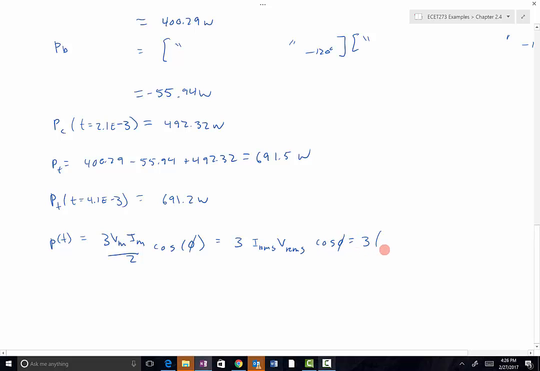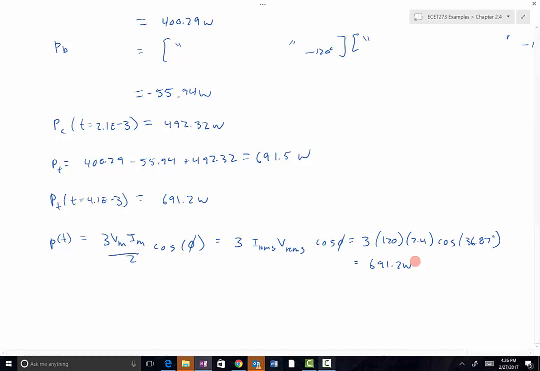So that's 3 times, let's see, 120 volts times 2.4 amps times the cosine of 0 minus negative 36.87, so that's just 36.87 degrees, and we get an instantaneous power delivery of this circuit of 691.2 watts, considering all three phases.